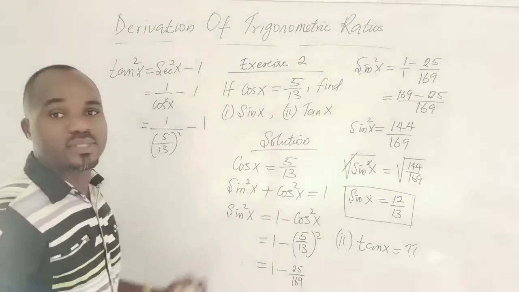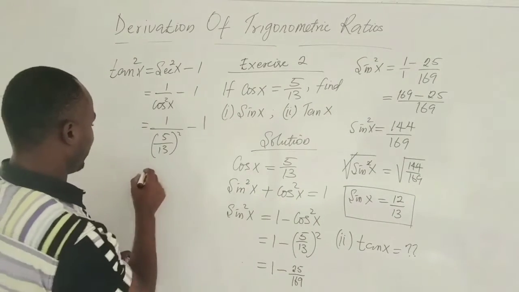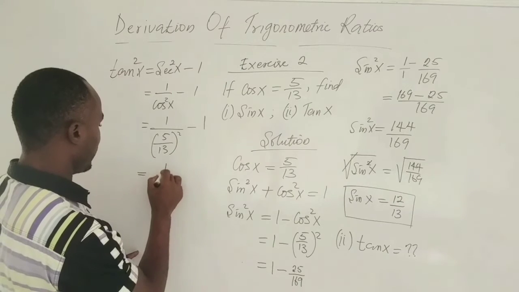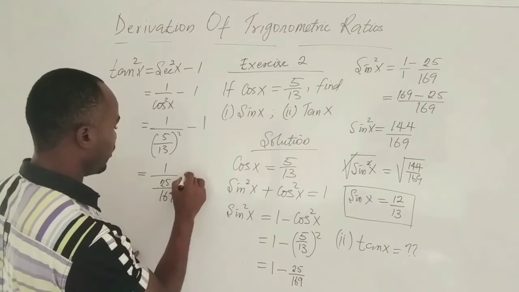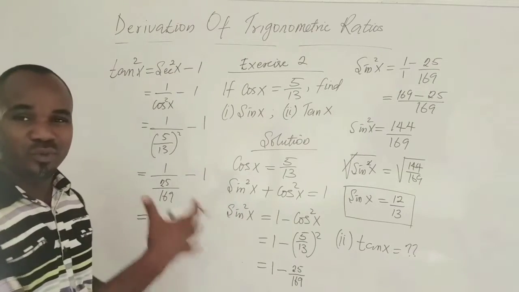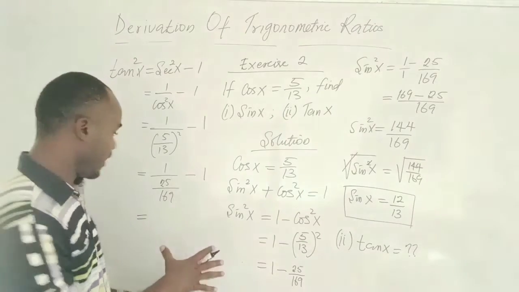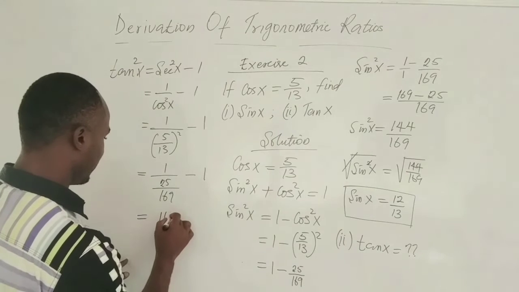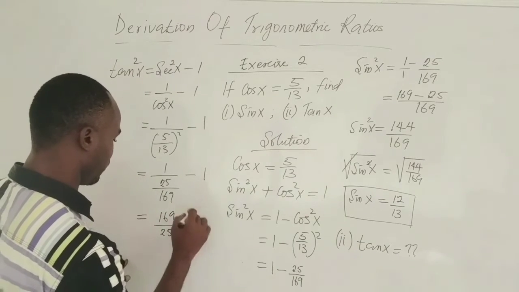Okay? So that is it. You can see we're making progress. Then what do we do? We just simplify once again. We have 1 over 25 over 169 minus 1. The next thing we're going to do is the simple arithmetical operation here, which is 169 over 25 minus 1.